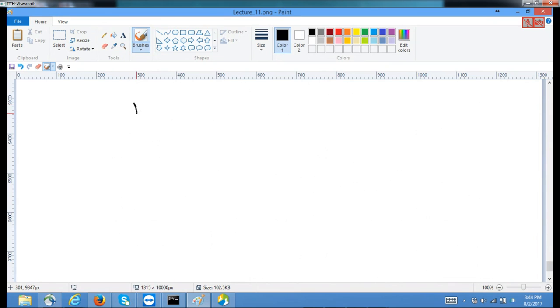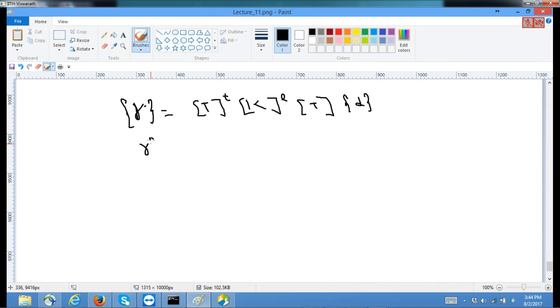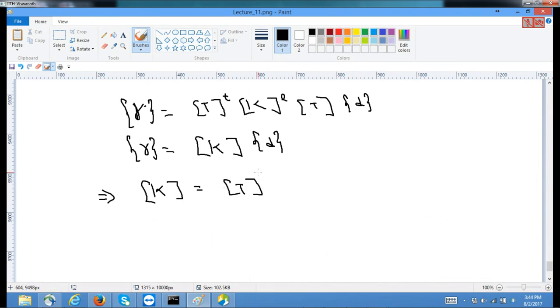What we got from the previous thing is R is equal to T transpose K local times T times D. But I can write this as R equals K times D. That implies my K in the global system can be defined as T transpose K local times T. So let us do it for our given case.